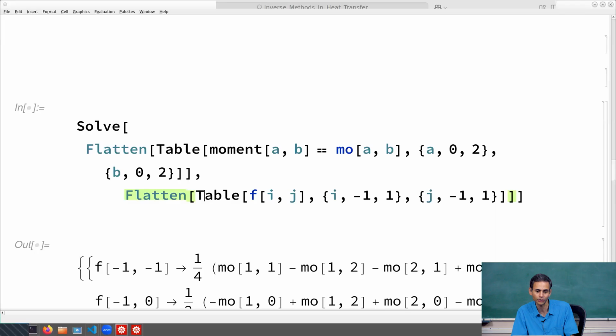I am looking for the solution of f00 and so on, right? Those are nothing but fij, where i goes from minus 1 to 1 and j goes from minus 1 to 1, and again this is a table which I am flattening. These are the set of equations, comma, these are the set of variables I want to solve for, since these equations contain these variables.